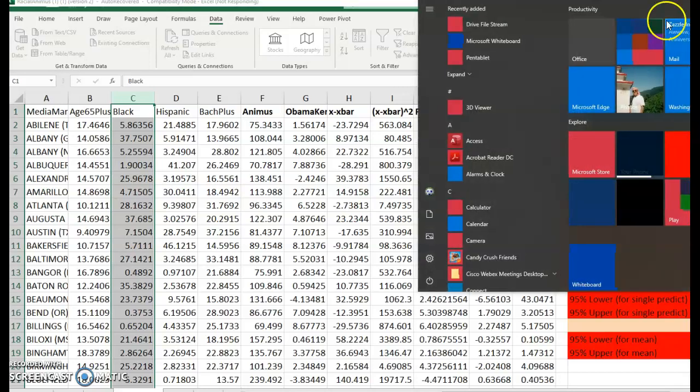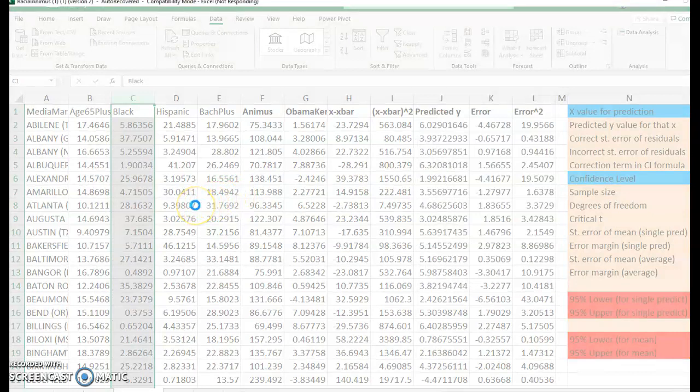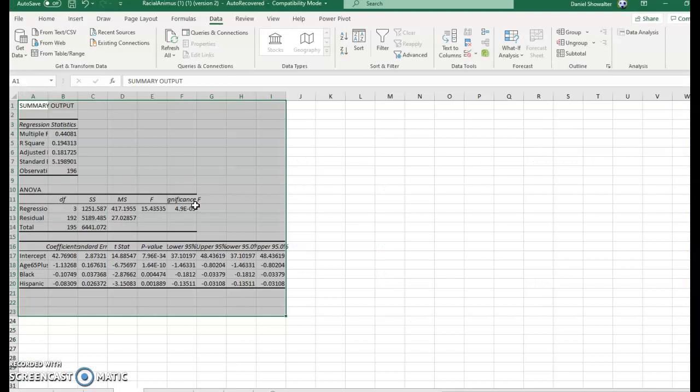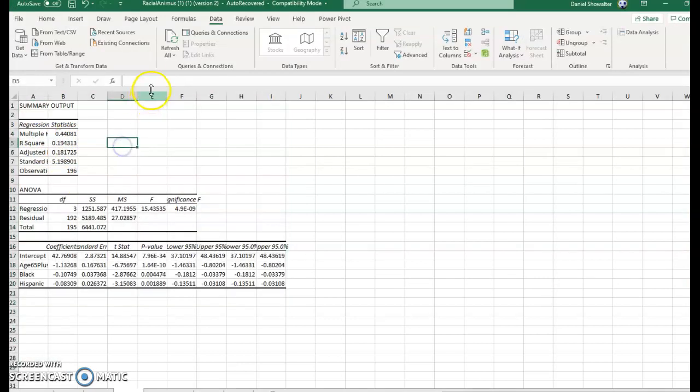The formula, I can just tell you, is 1 over 1 minus r squared, and the r squared will be the r squared from this particular regression. Let me make that a little bigger here.